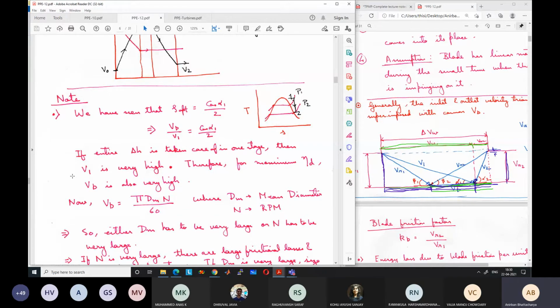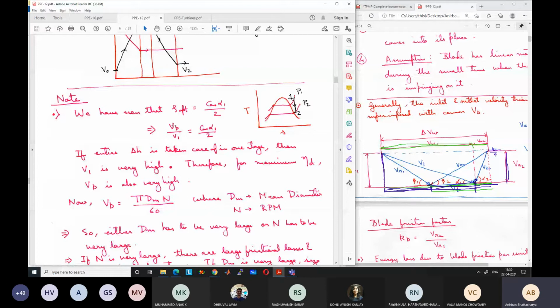So for optimum or maximum efficiency, because VB is related to V1, if V1 is very high, VB will also be very high. Now VB, as we have discussed previously, is given by pi into mean diameter dm into RPM n divided by 60.